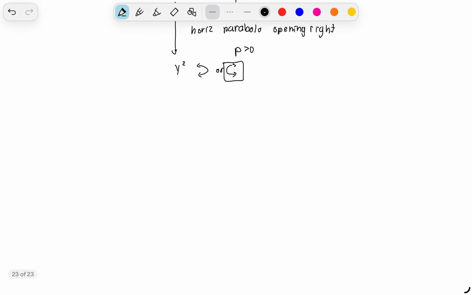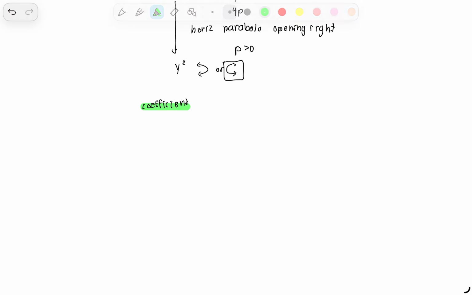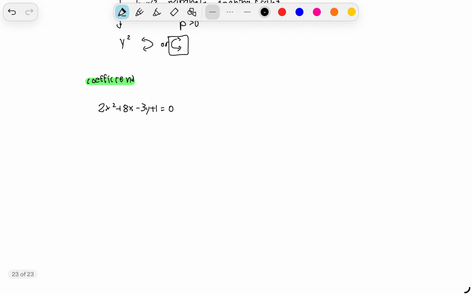Now let's do a third example that has a coefficient. So let's say that we have 2x squared plus 8x minus 3y plus 1 is equal to 0. You're going to isolate the x terms.